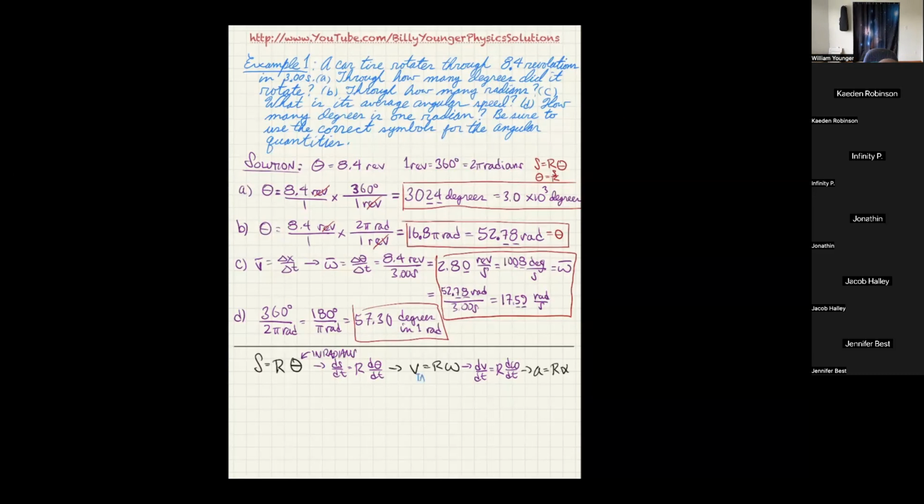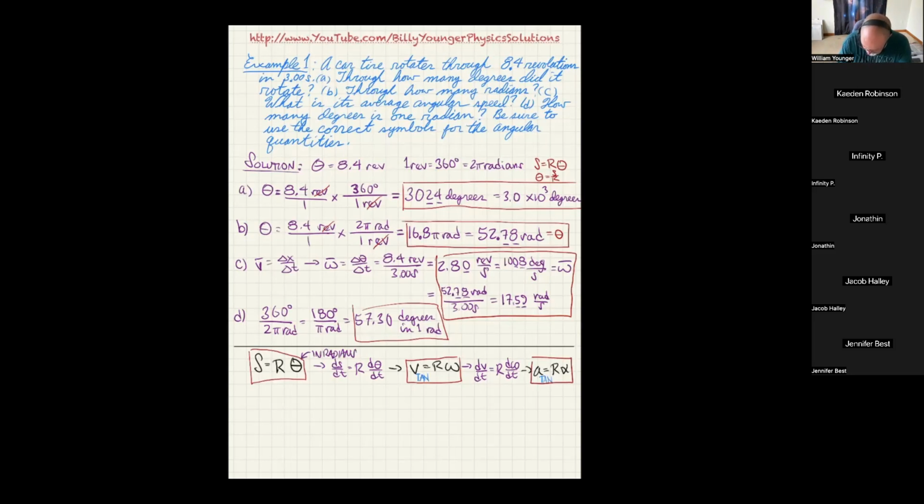This is the tangential velocity, and this is the tangential acceleration that you get when using these equations. So there's one of the equations. And I think you can tell that S equals R times theta has to have theta in radians. So if you want to use V equals R times omega, you're going to have to use radians per second for your angular speed, or radians per second squared for your angular acceleration.